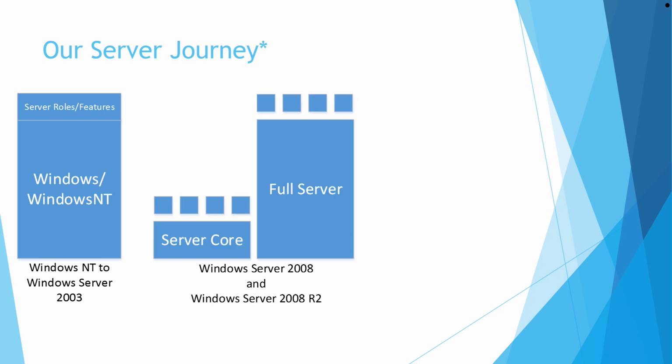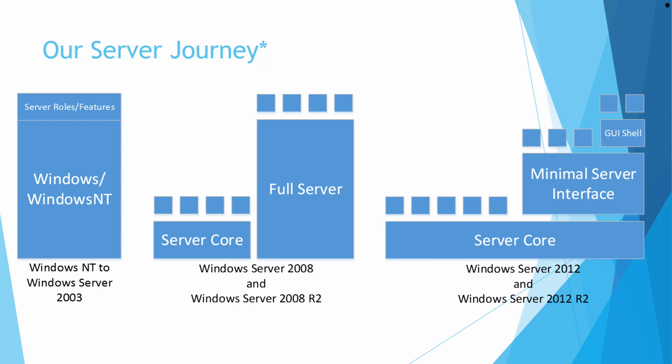With Server 2008 and 2008 R2, we took a little bit of a different methodology where we provided Server Core as a GUI-less option and full server that gave you all of the compatibility with previous server infrastructure. With 2012 R2, we've split up the GUI part and provided a minimal server interface, and then on top of that, you load in the GUI shell.